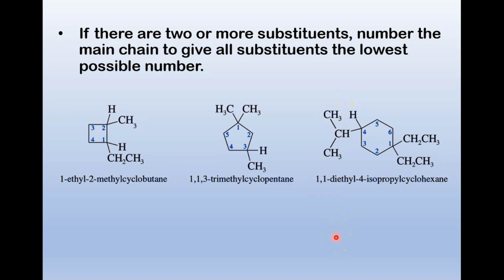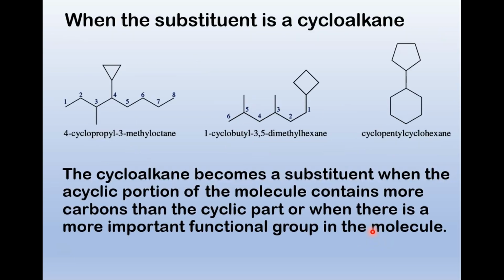1,1-diethyl-4-isopropyl cyclohexane. When the substituent is a cycloalkane, the cycloalkane becomes a substituent when the acyclic portion of the molecule contains more carbons than the cyclic part, or when there is a more important functional group in the molecule.